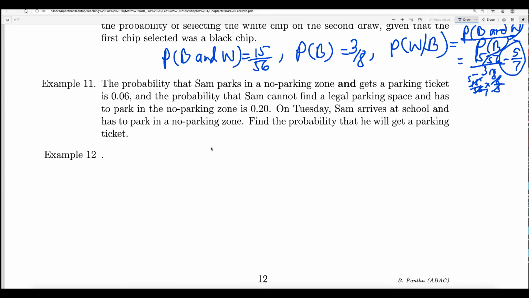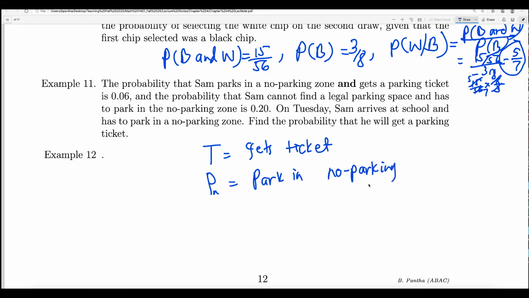Let's say getting a ticket is denoted by T, and parking in a no parking zone is denoted by PN.